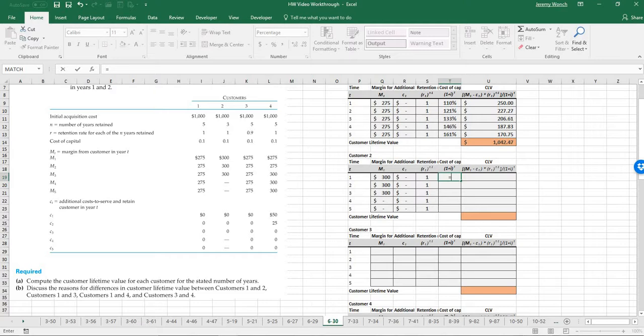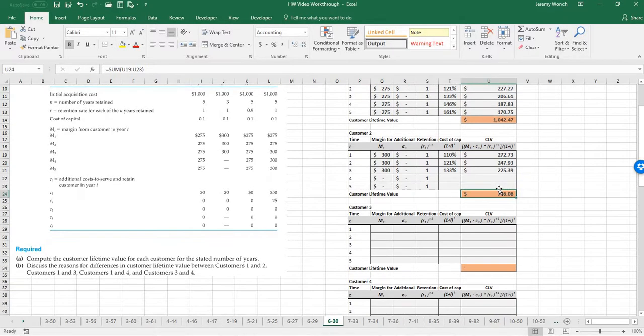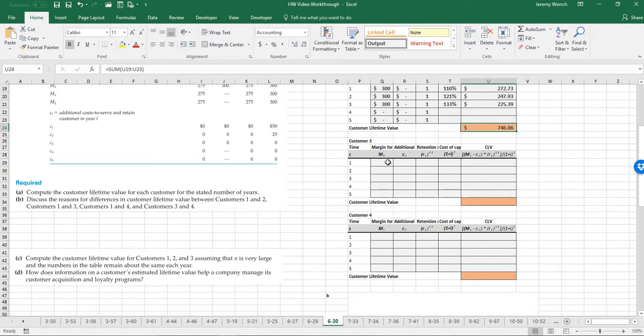And then their cost of capital is just going to be the exact same thing, so we can just carry that down. And we can just copy our formula and sum that up. So that's customer 2.